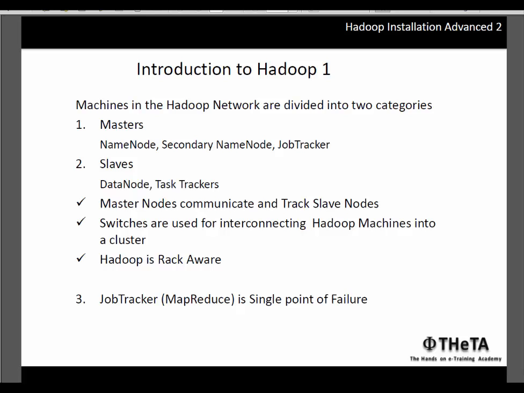And there is a master node for job tracker, which is for MapReduce. For slaves, we have data node and task trackers. As we know, they are the powerful systems to actually work on MapReduce, right? Master nodes communicate with and track slave nodes, right?